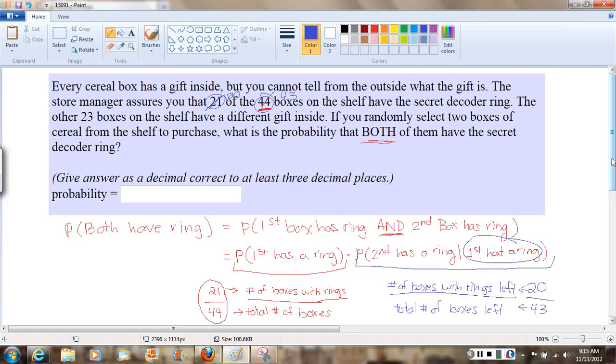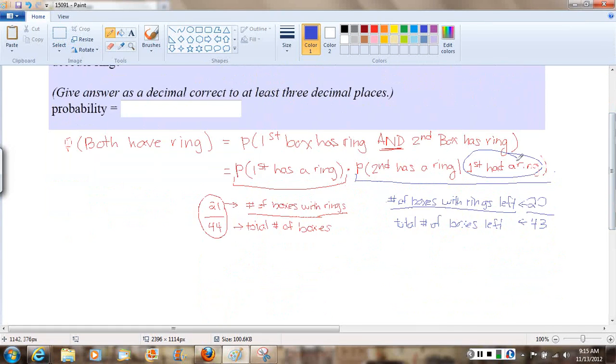So we can see how, because we know we got a ring on the first one, that changes the numbers that are left for the second one. So the events, we can't really think of them as independent. So to do this calculation now, we're going to do 21 over 44 times 20 over 43. And they say we can give our answer as a decimal, so I'm not even going to try to multiply those out by hand. They would just be huge. So I'm going to do 21 times 20 divided by 44 times 43.